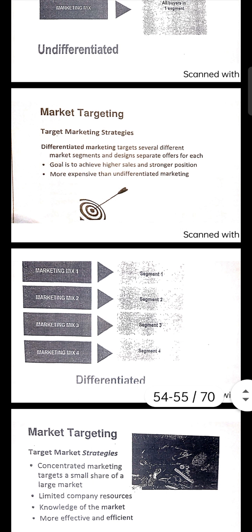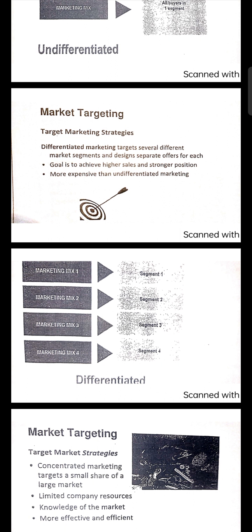So now we come to differentiated, which is contrary to undifferentiated. Differentiated marketing targets several different market segments and designs separate offers for each. The goal is to achieve higher sales and a stronger position, but it is more expensive than undifferentiated marketing.